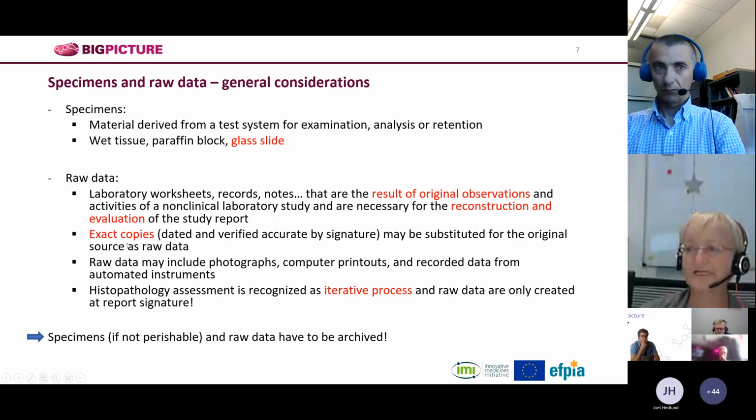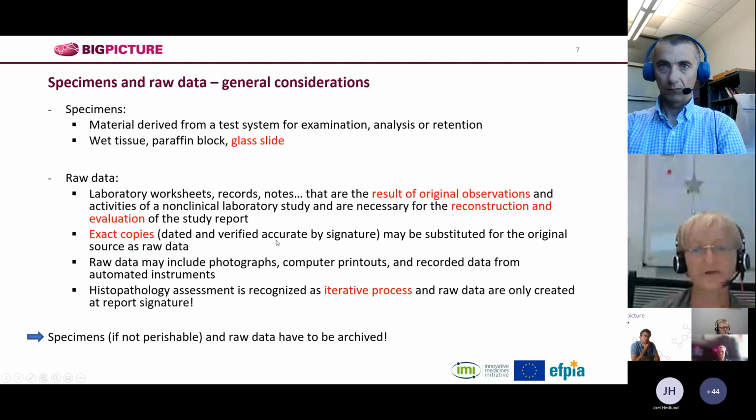It must be said that exact copies traditionally are accepted to replace the original raw data, but they have to be dated and verified accurate by signature by the person taking the copy. In traditional toxicological pathology, raw data can also include photographs, computer printouts, and recorded data from automated instruments.